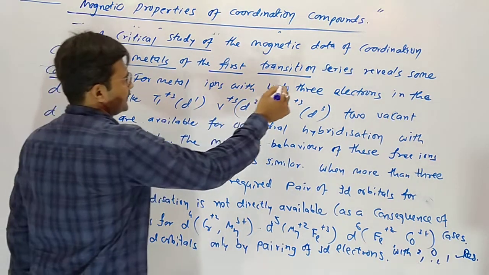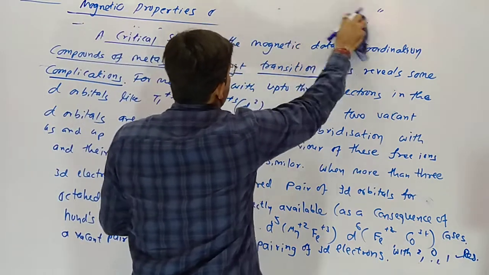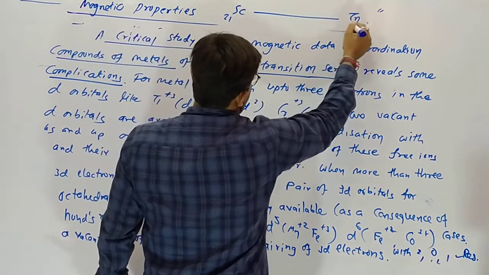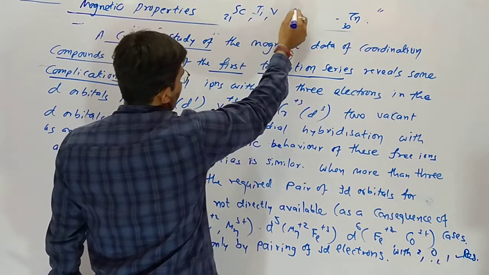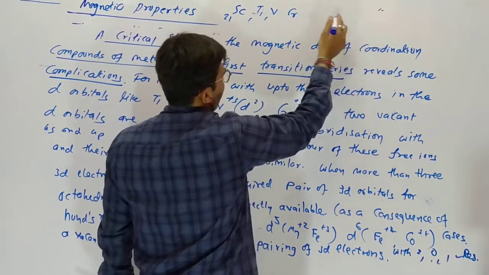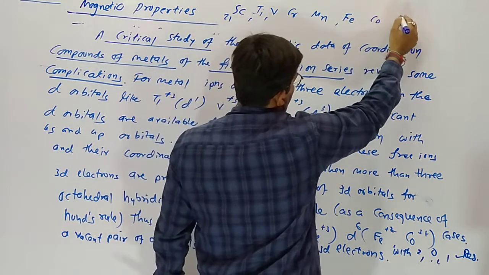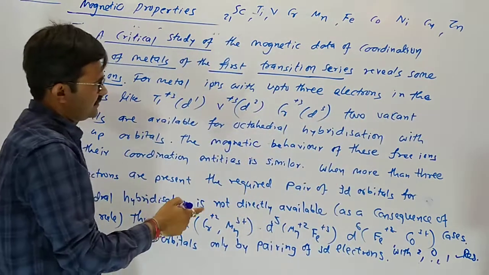First transition series, in the d block, scandium to zinc: scandium, titanium, vanadium, chromium, manganese, iron, cobalt, nickel. This is the first transition series.